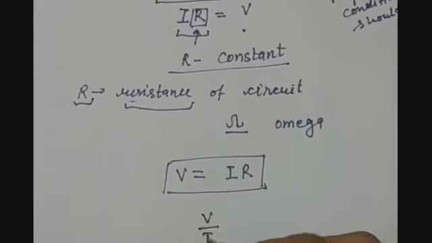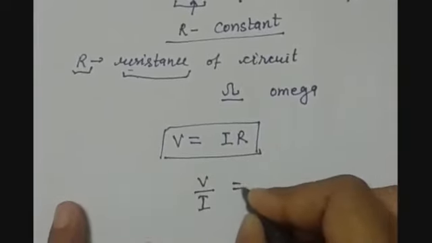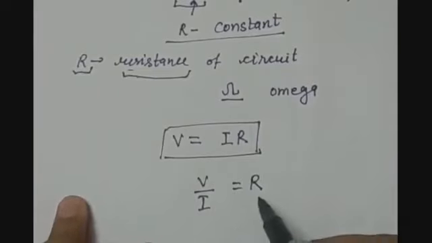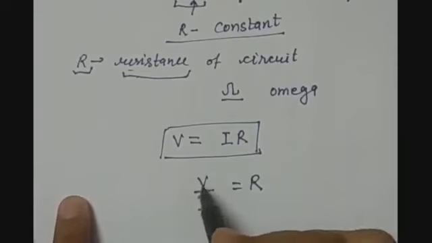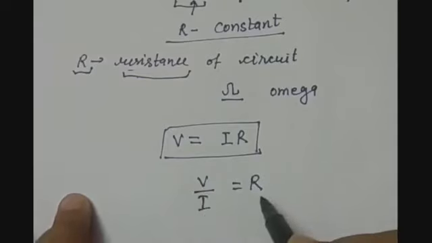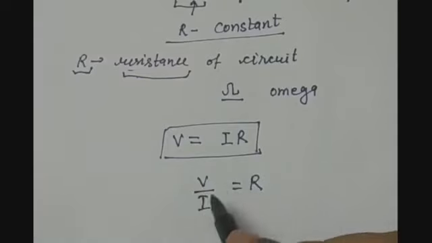V upon I is equal to R. Here you can see that resistance is equal to the ratio of potential difference to the current. Potential difference is V, I is the current. So resistance is the ratio of potential difference to the current in the circuit.